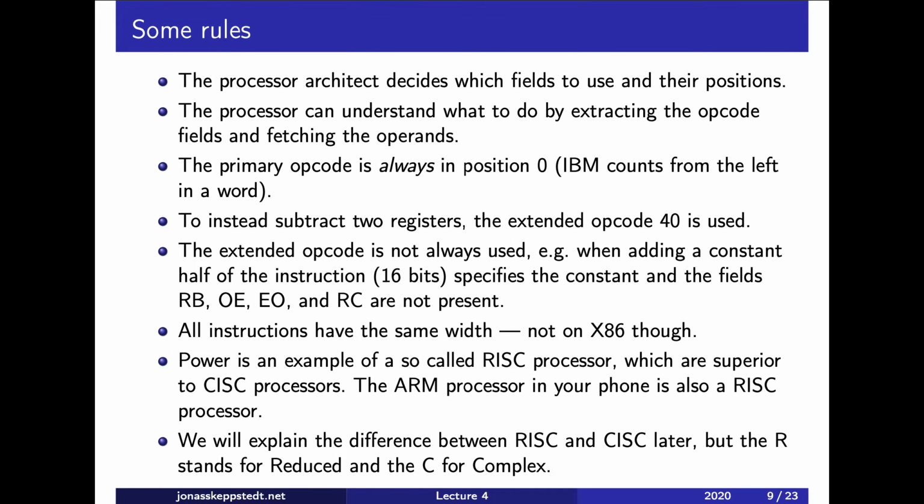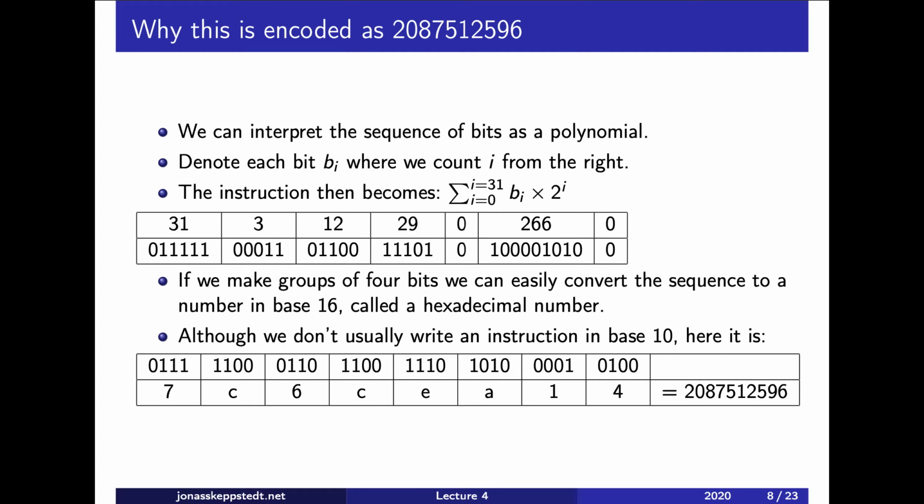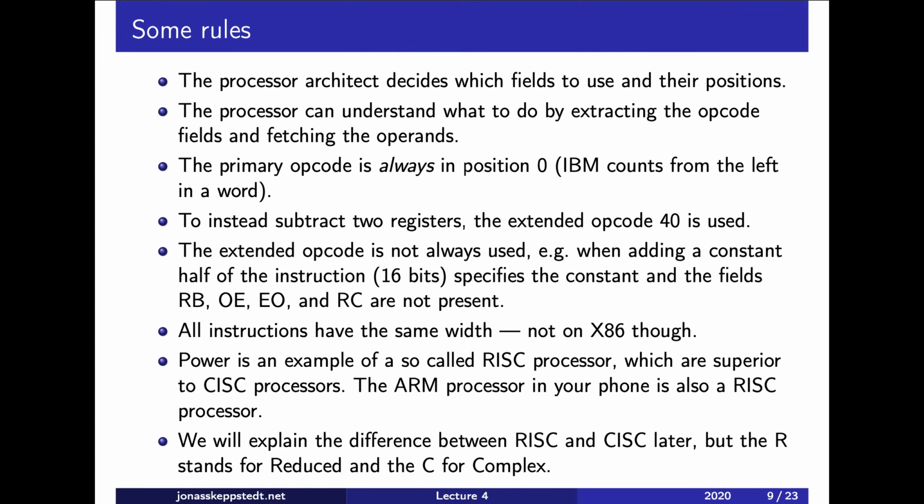So there are some rules. It's an engineer or group of engineers that decide this specification. They are called processor architects. They decide which fields should be used for the different instructions, their positions, and the number that tells what to do.